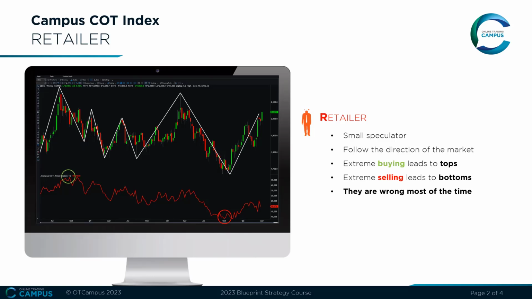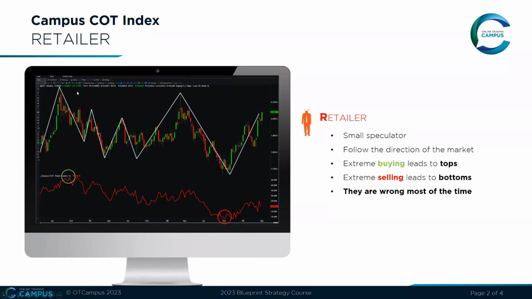The market usually tops. And when they're extremely bearish, in other words extremely fearful, the market is usually about to start a rally, because these people may be right for a while, but they cannot be right for a very long time. And that's also not my opinion. We can see that over and over again as we look at the COT net.